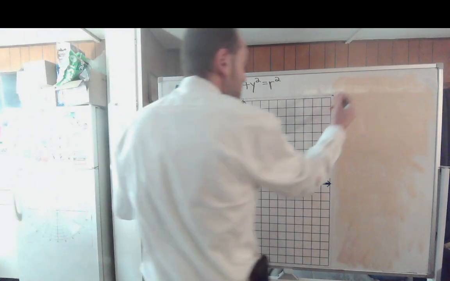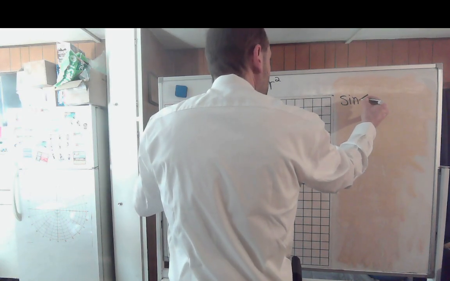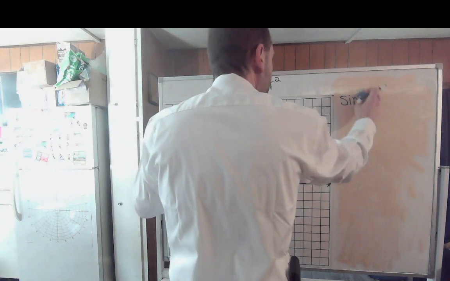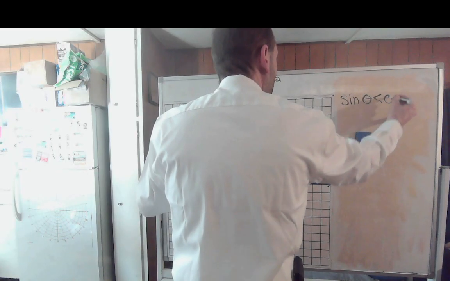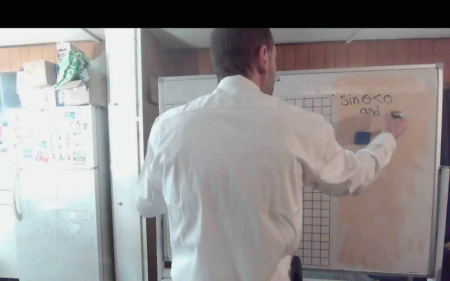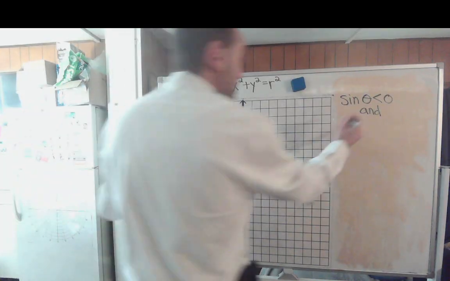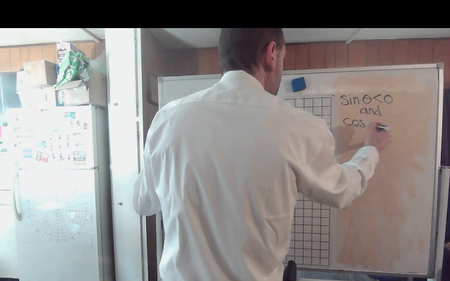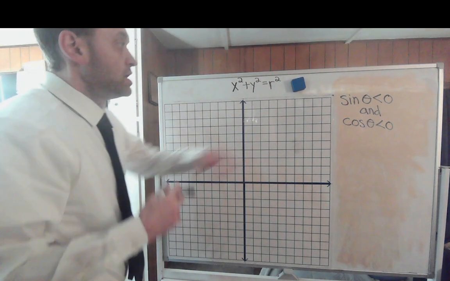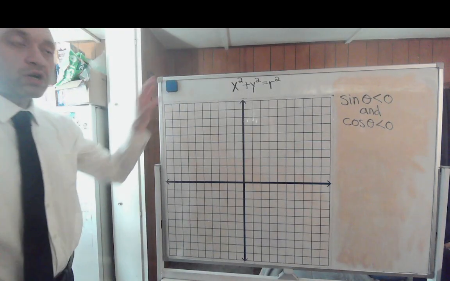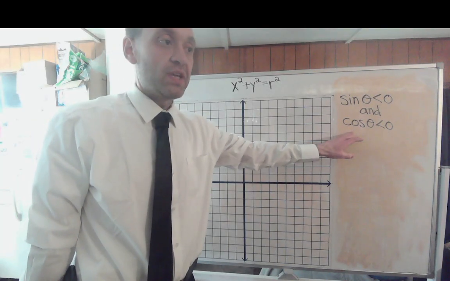They give you that the sine of theta is less than 0 and the cosine of theta is less than 0. Okay. So in what quadrant is your sine of theta less than 0 and your cosine of theta less than 0?